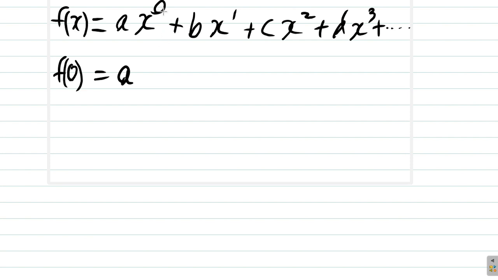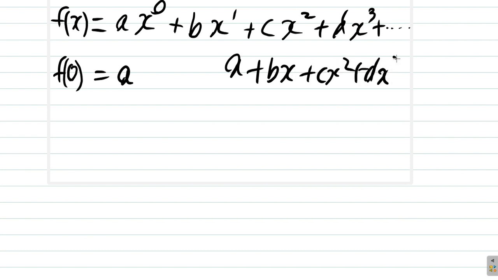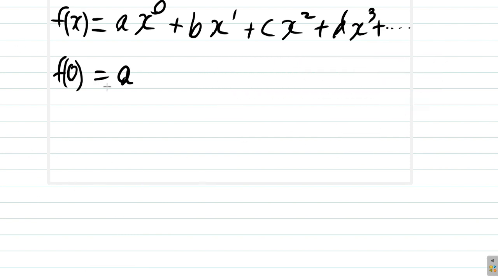But if I did not put in the x to the 0 here, what you would have is a plus bx plus cx squared plus dx cubed, and so on. When x is 0, this goes to 0 because b times 0, c times 0 squared is 0, d times 0 cubed is 0. So only a we would have. This is f of 0. Alright? Now, f of 0 is a.